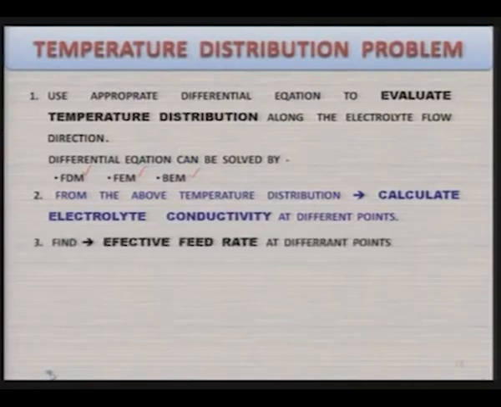After that, find the effective feed rate at different points, because as I mentioned earlier, suppose this is the workpiece and the tool is being fed normal to the workpiece surface, then the feed rate will be whatever is the feed rate of the tool.